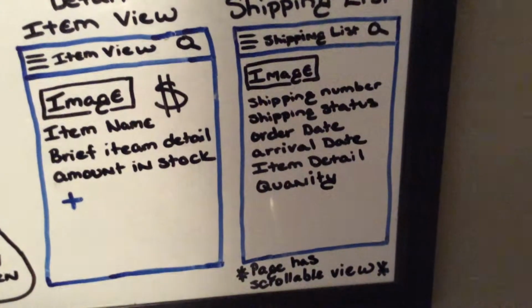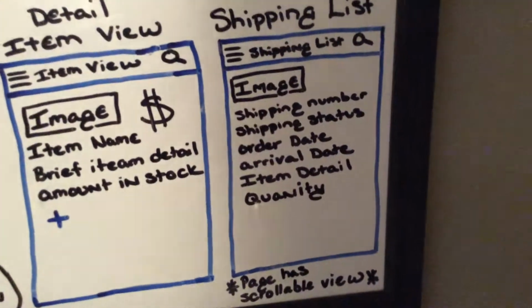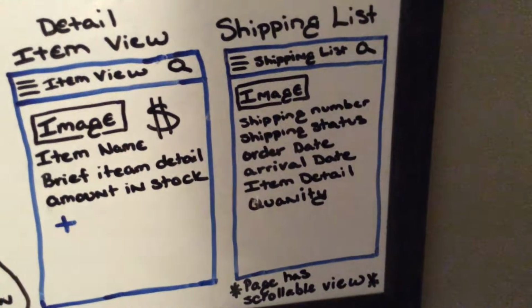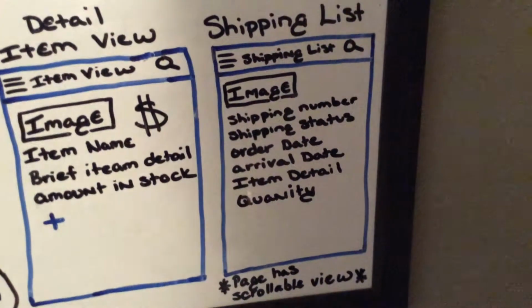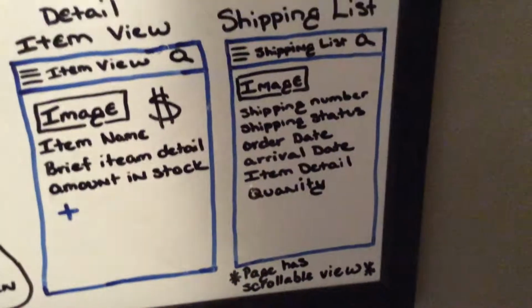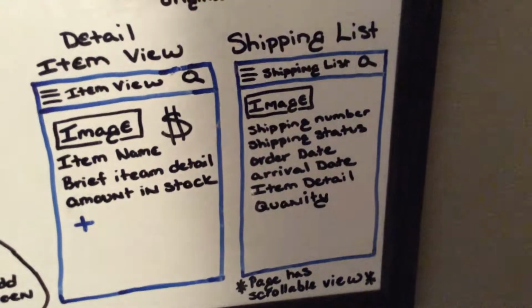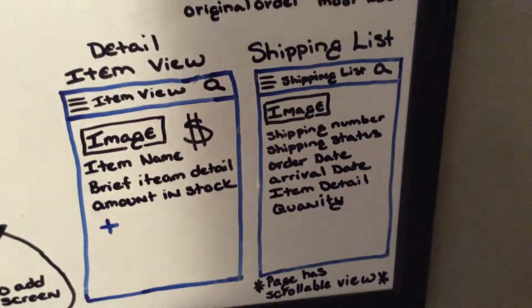This page is scrollable because remember, you will have a list of different items that have shipped, and they'll all be the most recent, but you can search by date if you want to, but for now I just kept it a little bit more simple, and that is pretty much the shipping of that.